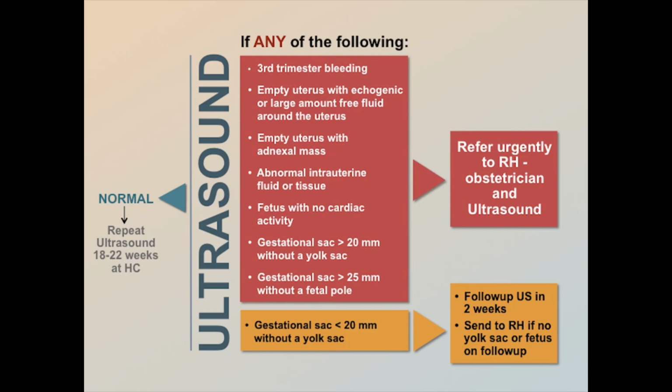If you see a gestational sac that is less than 20 millimeters without a yolk sac, repeat the ultrasound in 2 weeks. If no yolk sac or fetus is seen on the follow-up scan, send her to the referral hospital.